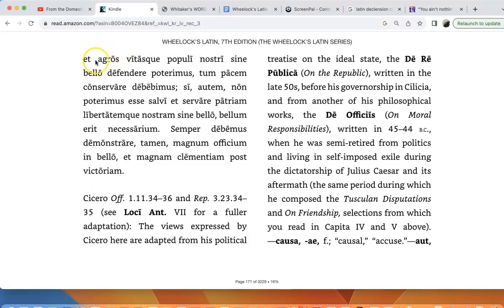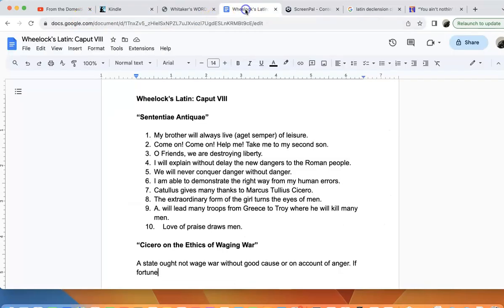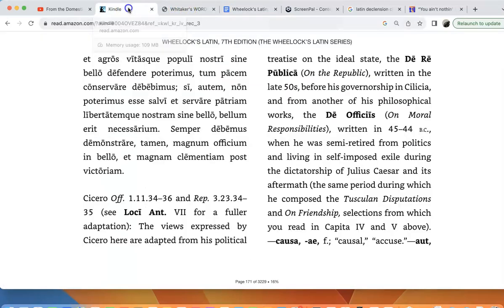So if the fortunes. Remember, Latin doesn't use a or the. So in this case, it makes sense to use the. So the fortunes, because if a fortunes doesn't make any sense, because a is singular, whereas fortunes is plural.